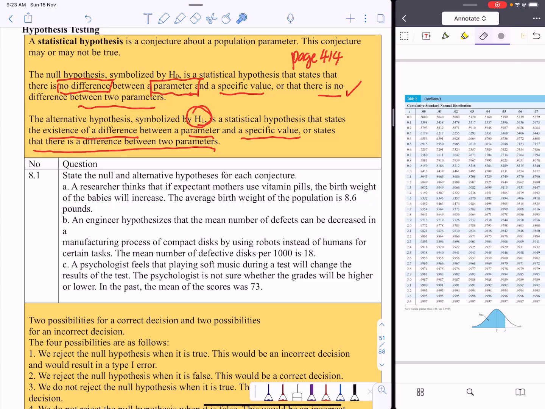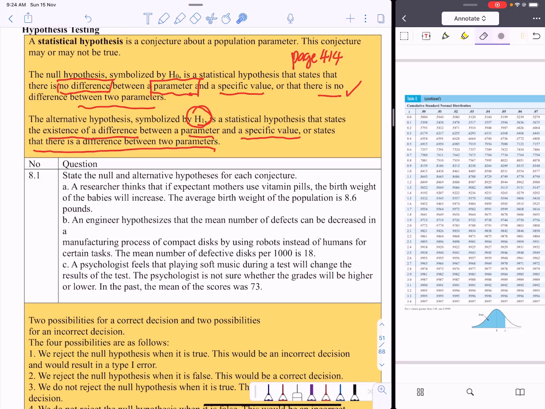We have the birth weight of babies on average based on the population study, with a mean and a standard deviation. But now, because of taking certain pills, they believe the baby weight will be higher compared to the population mean. Then we want to test whether the new weight is similar to the old weight or not.